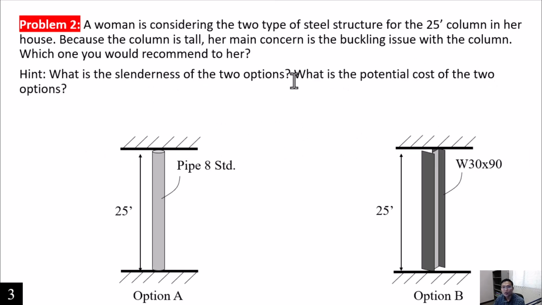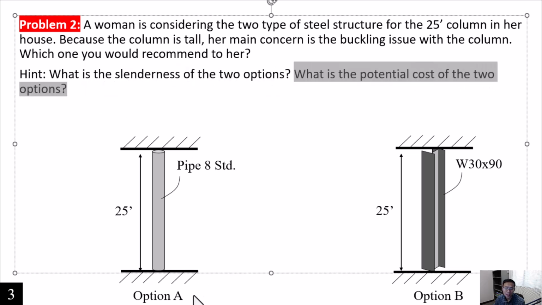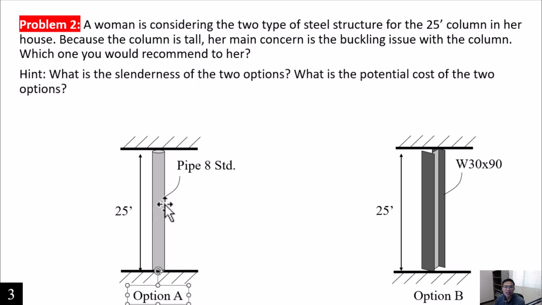Next we should consider the cost, because maybe A resists buckling better, but A is more expensive.